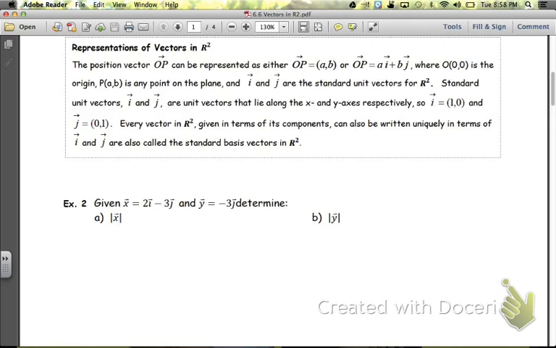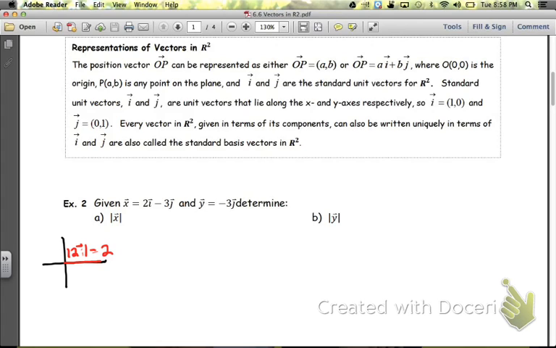To give us a visual of what this might look like, since we have 2i, we know our unit vector has a magnitude of 1. On my graph, I'm going to draw my 2, so this here is my 2i. The magnitude of 2i is just equal to 2, since I know the magnitude of i is 1, and we multiply that by 2.